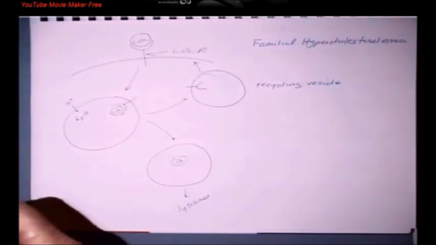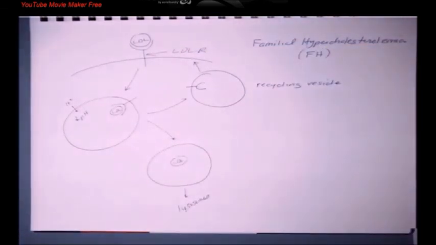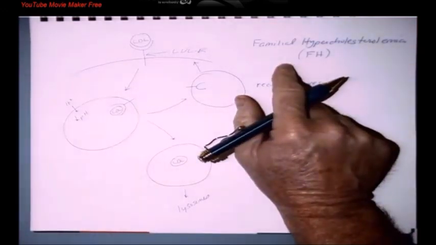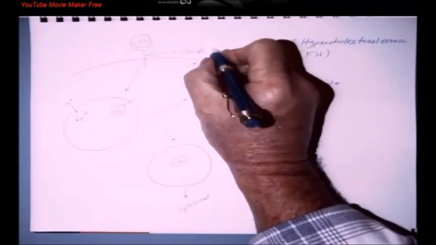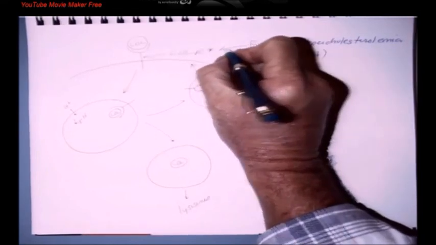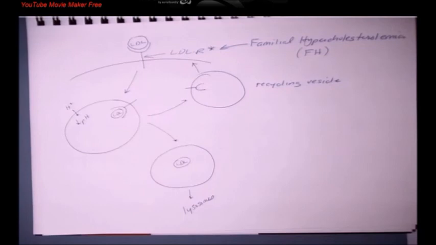Familial hypercholesterolemia. We had a medical student here that had this about 10 years ago. I was talking about this, and after class he said, "Yep, I got that." Oh God, sorry dude. So this is a mutation in the LDL receptor. The first one that was ever identified by Brown and Goldstein at the University of Texas Health Science Center in Dallas, Southwestern.